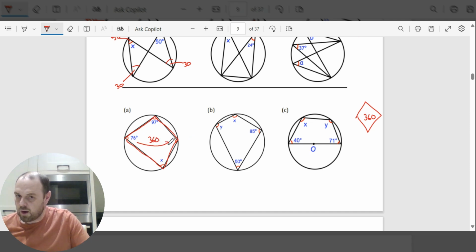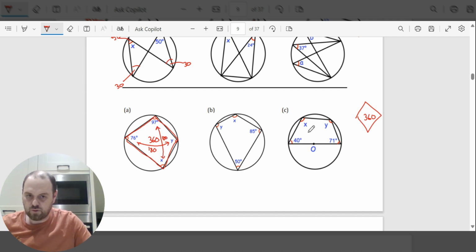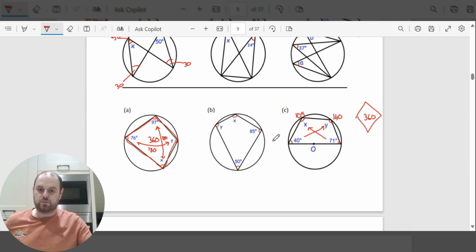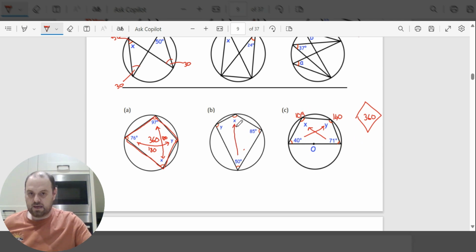The two opposite each other here will add up to 180, and the two opposite each other here will also add up to 180. So if we look at this one here, we've got a four-sided shape. Y would be 140, making those two add to 180, and X would be 109, making those two add to 180. Then that makes 360. So that only happens when the four-sided shape is inside a circle.